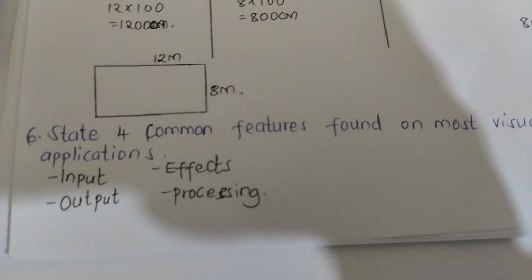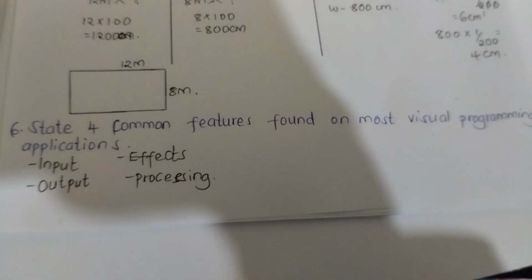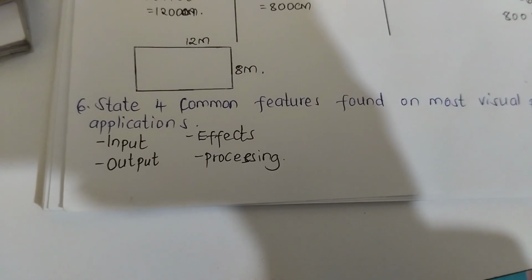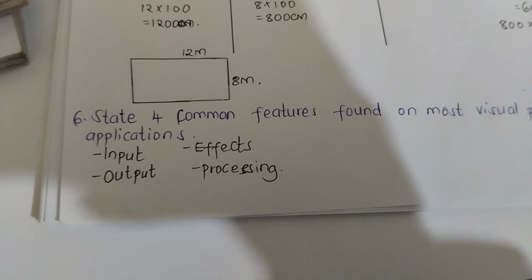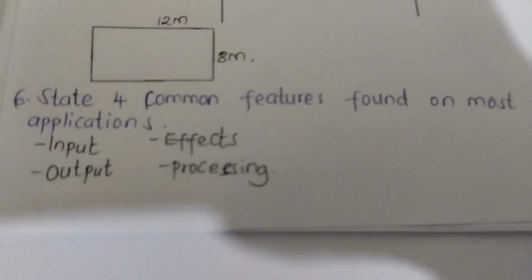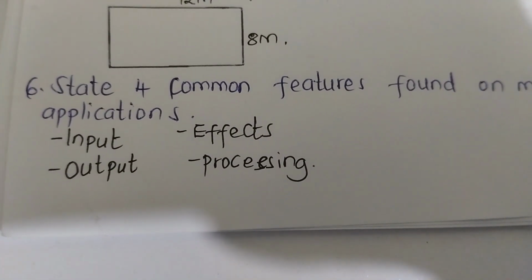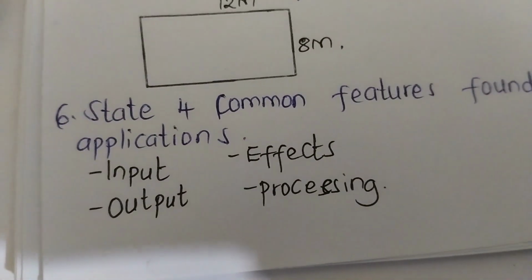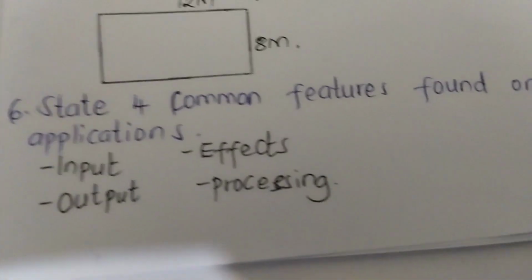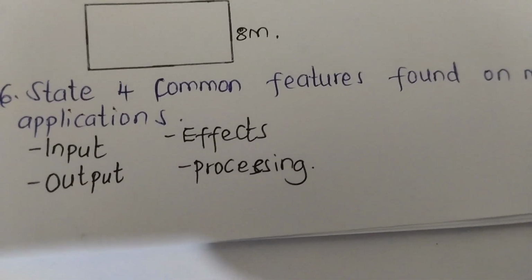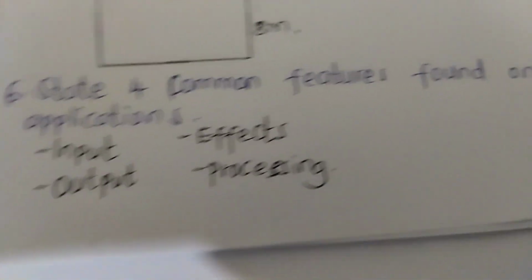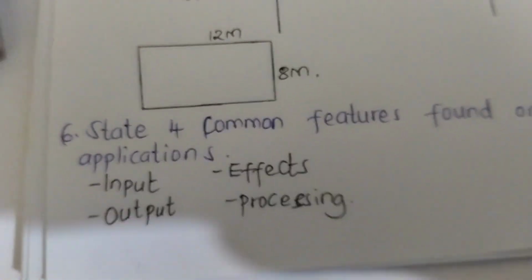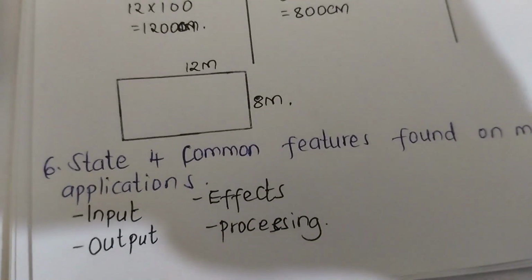So the last question, state 4 common features found on most visual programming applications. So we've got input, output, effects, and processing. Inputs always refer to the commands or the data that a program receives from the user or another source.